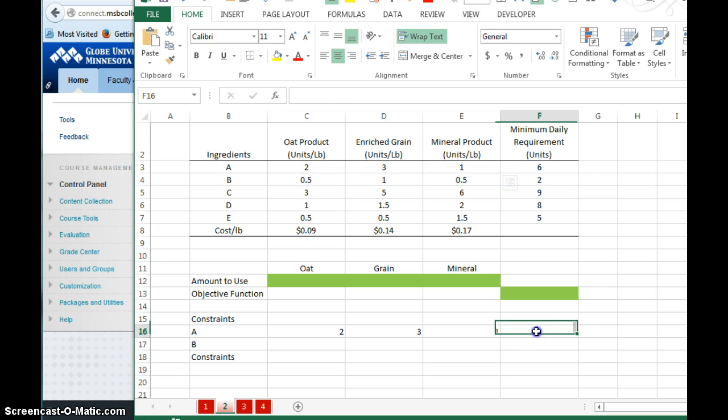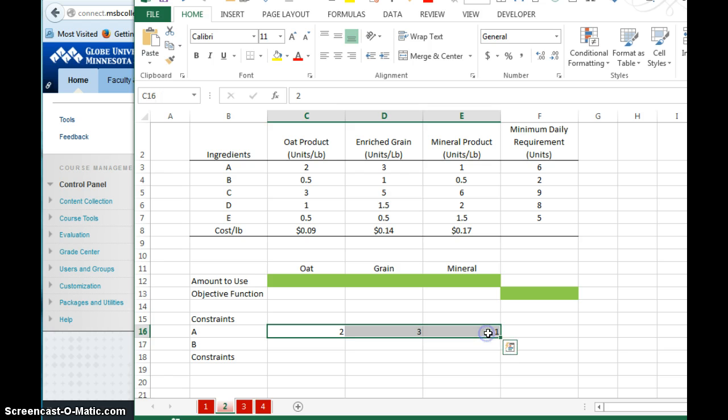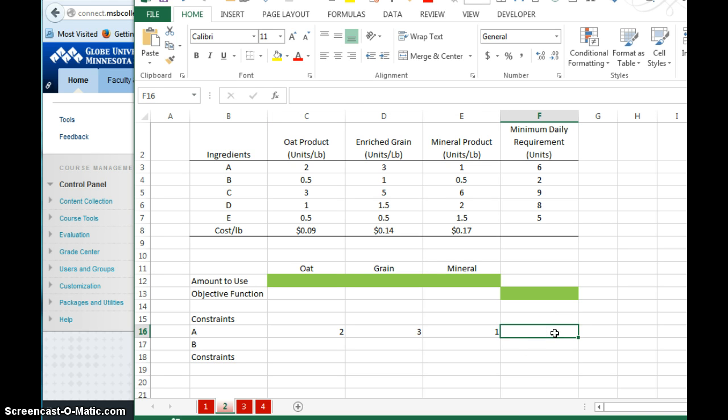And so I need to do my sum product here as usual to take these units of this ingredient times the amount to use. And this answer here needs to be greater than or equal to the minimum daily requirements. And you're going to do that for each one of these ingredients.